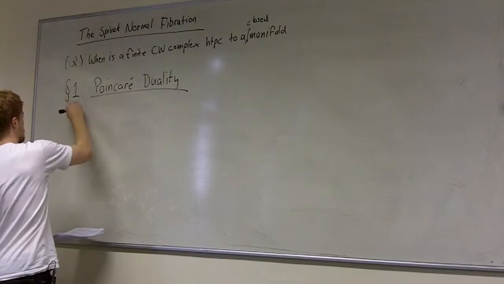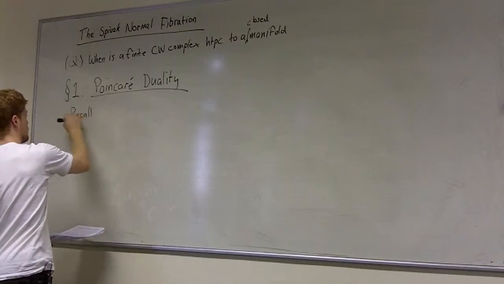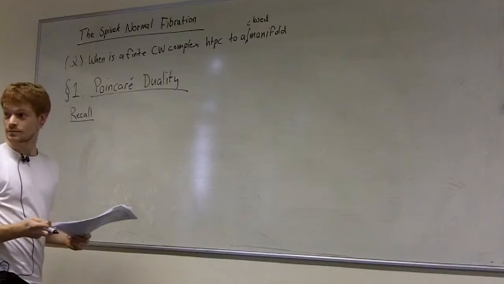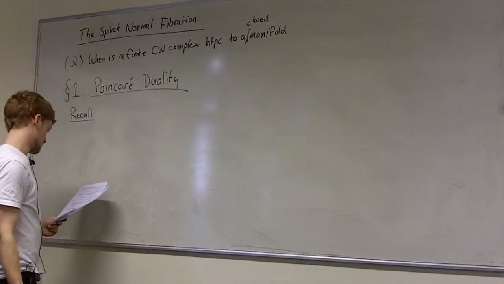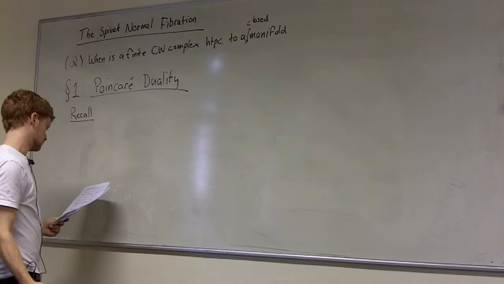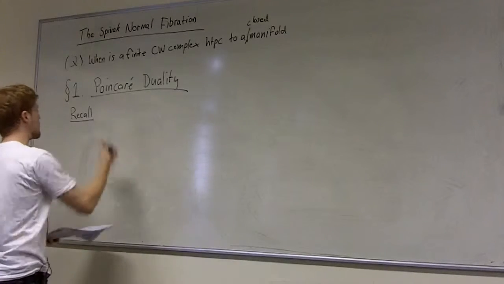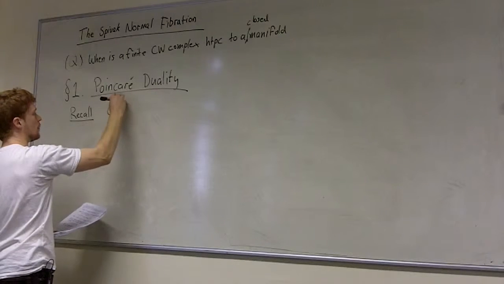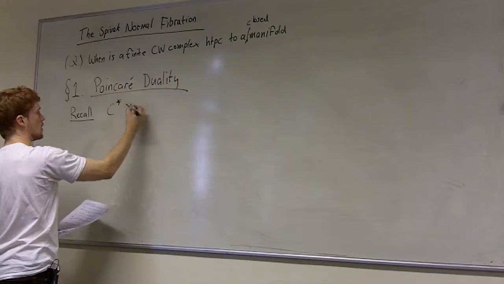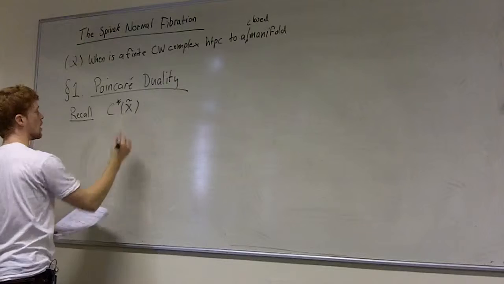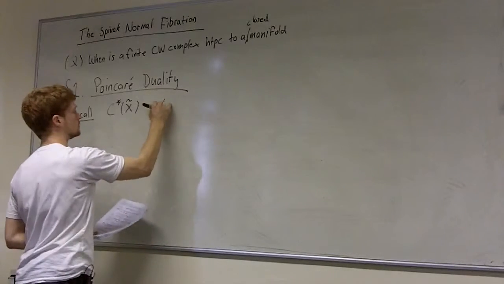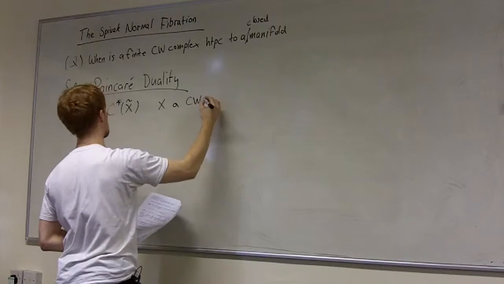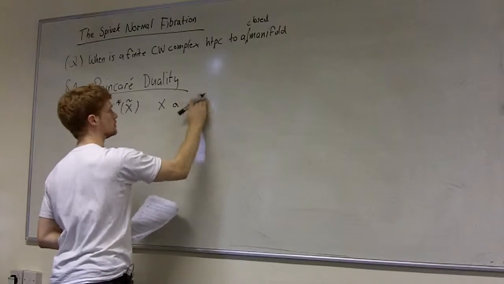Recall from Spiros's talks that we have a chain complex of Z pi modules associated to X, which is going to be a finite CW complex.